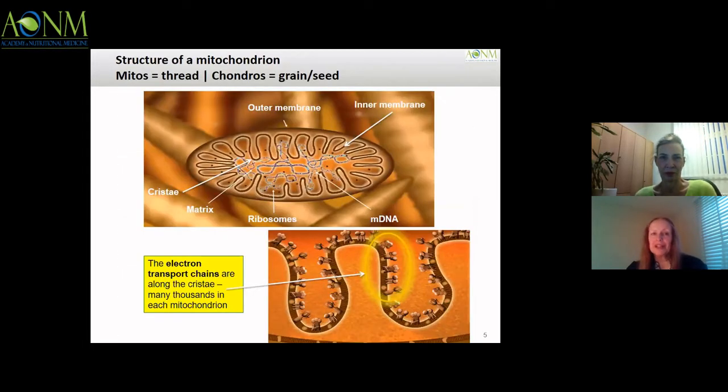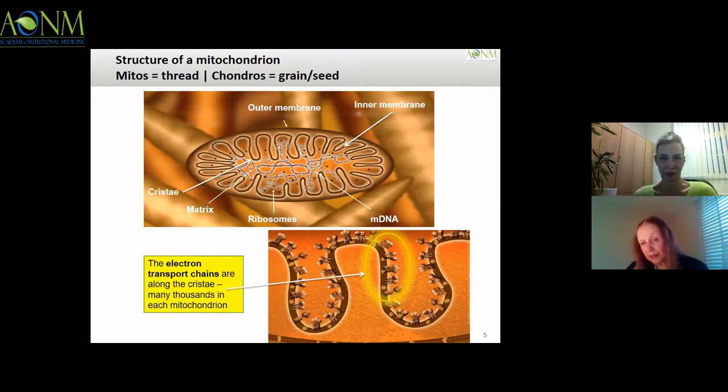The structure of a mitochondrion is that they have an outer membrane and an inner membrane. And the matrix is the inside of the mitochondrion. They have their own DNA, and cristae are little folds within the mitochondrion. And along these folds, you have 5 little complexes, many, many times over.